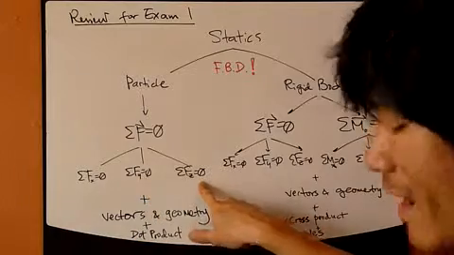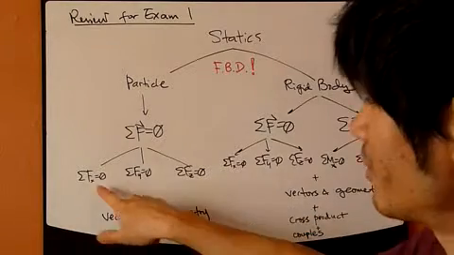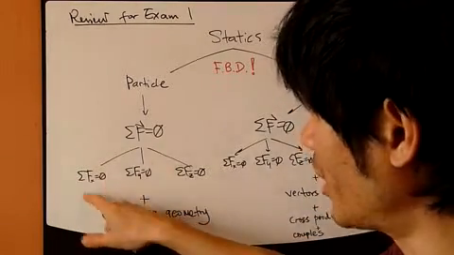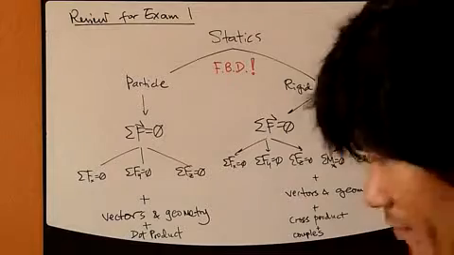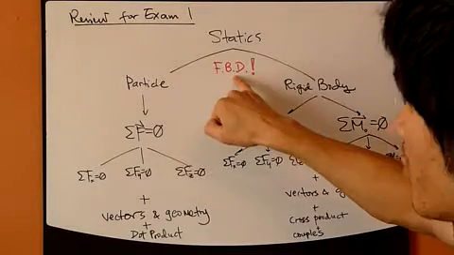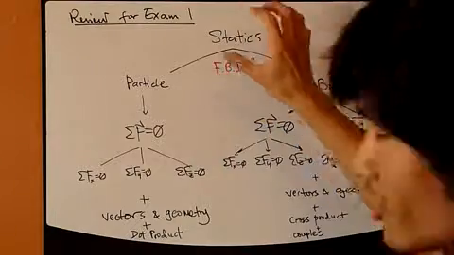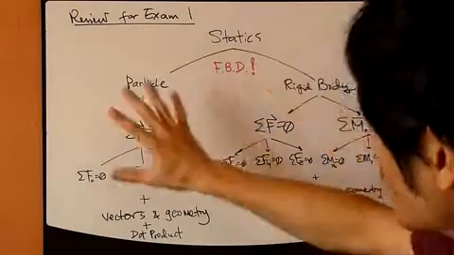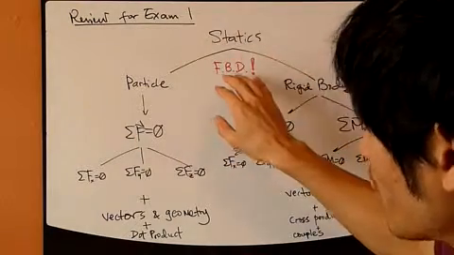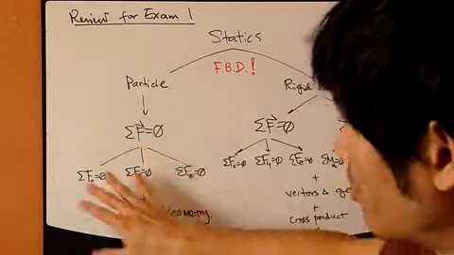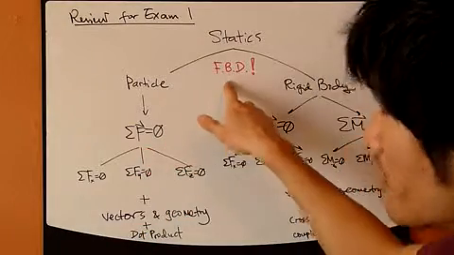Each of these equations now is a scalar equation. Now you can expand the left-hand side by looking at your free body diagram. Very important: free body diagram rules statics analysis. You've got to really start off with the free body diagram, and then you apply the equations to your free body diagram.